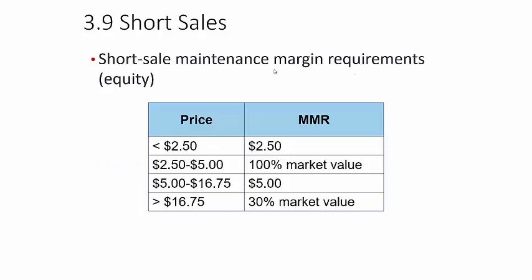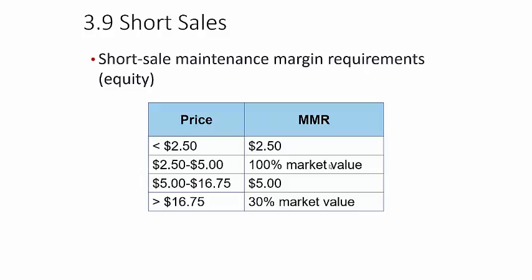So, there's also a maintenance margin. If you have a price on your stock less than $2.50, your MMR is $2.50. If your stock price is between $2.50 and $5, your maintenance margin requirement is 100%. Remember, you cannot withdraw the money until you're fully covered.